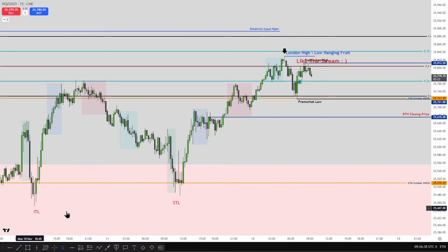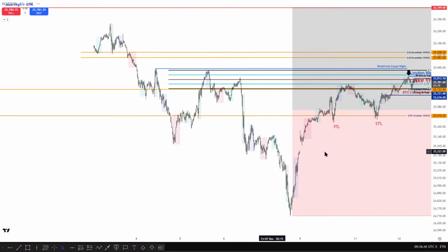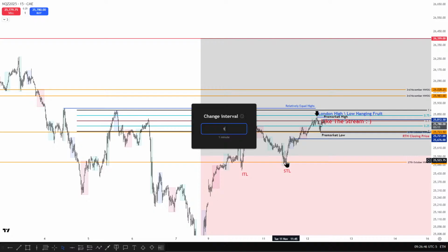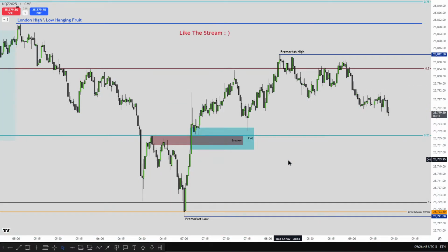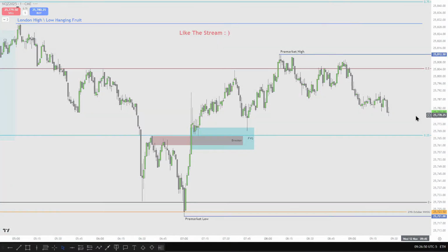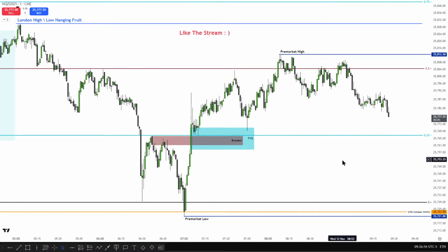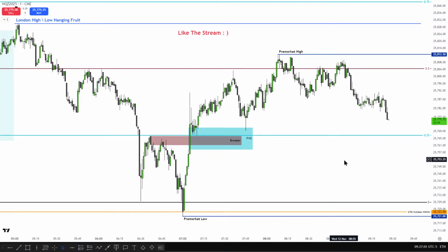I don't want to see it run all the way into these lows on the 15-minute chart. Should just be a nice run higher now. If it broke, then it has. If it broke these, it has no reason to go back up.